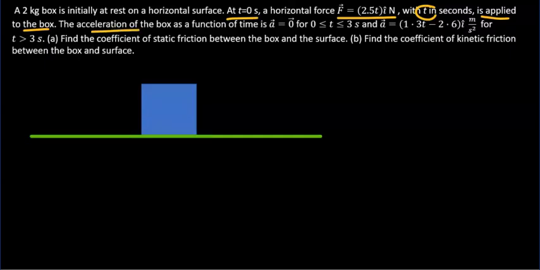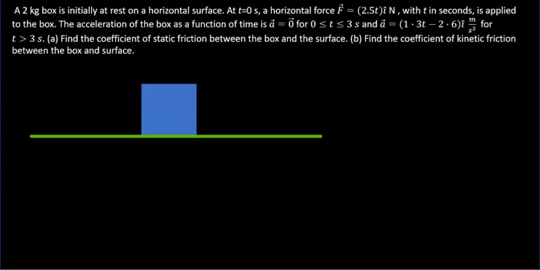Thus, the acceleration of the box as a function of time is given by the following expression. It is 0 for time between 0 seconds and 3 seconds, and its acceleration is time dependent as shown here for time greater than 3 seconds. We want to determine the coefficient of static friction between the box and the surface, and also the coefficient of kinetic friction between the box and the surface.